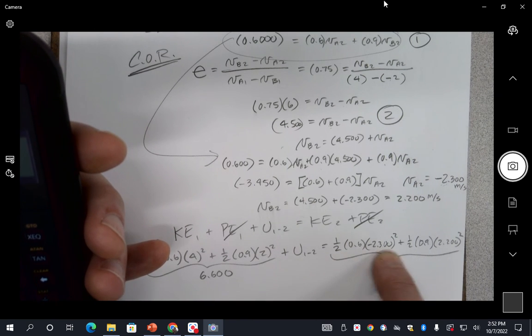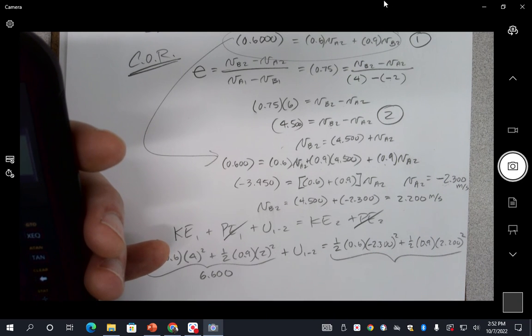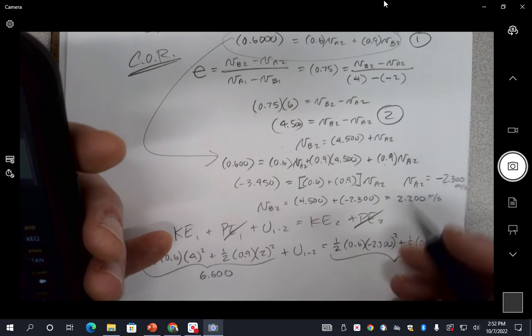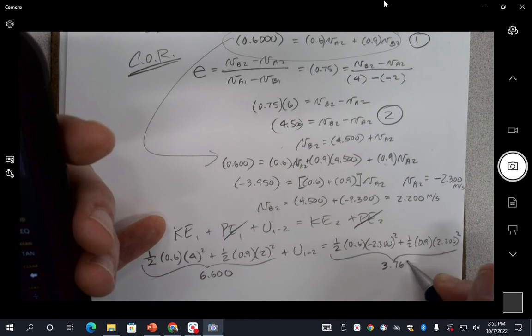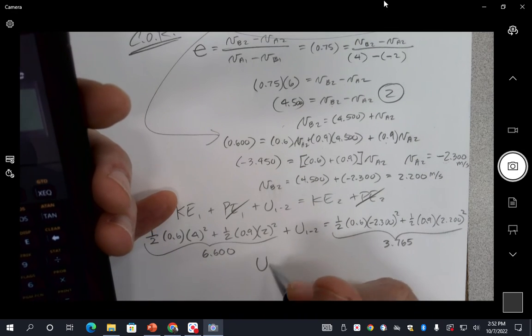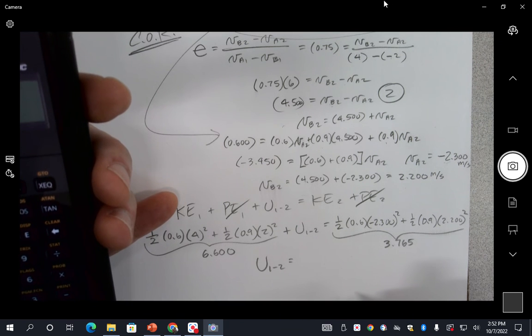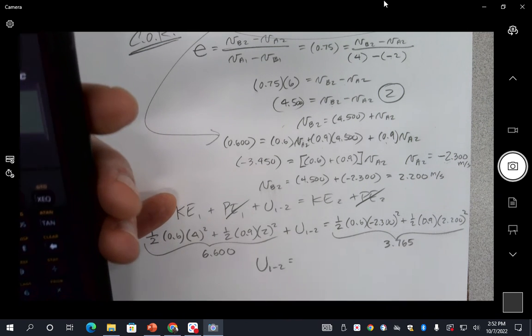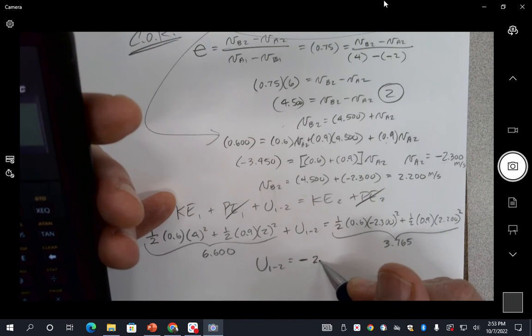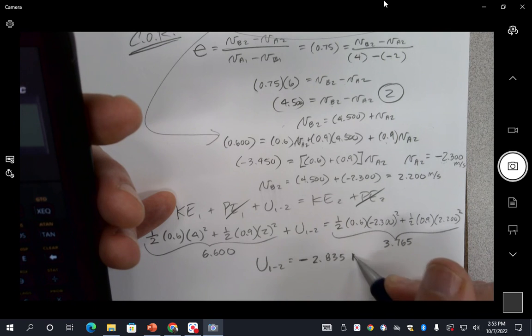So this comes out to 1.587, like 1.6. And this is 2.2 squared times 0.9 divided by 2, so it's like 2.2, thereabouts. So it comes out to 3.765. So the energy lost between 1 and 2 ends up being negative 2.835 Newton meters.